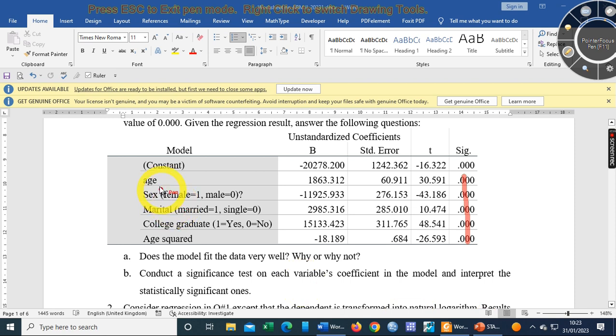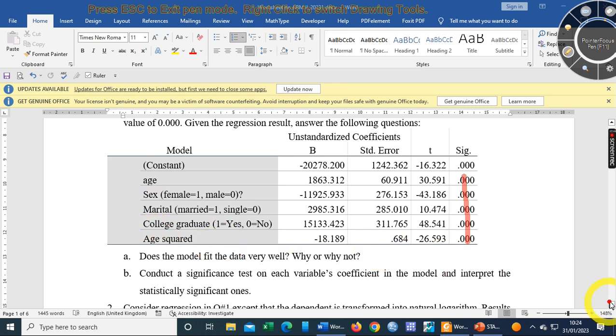Therefore, age is statistically significant even at 1% level of significance. Sex is statistically significant. Marital status is statistically significant. College graduate variable is statistically significant. Age squared is statistically significant.